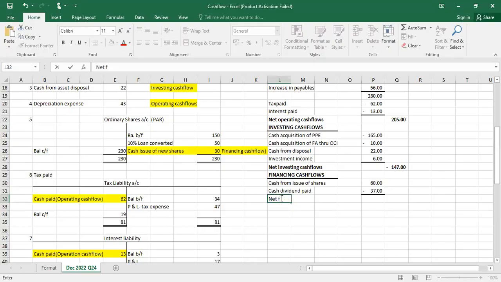Let's get the net financing cash flows. This will be equal to the sum of these two.